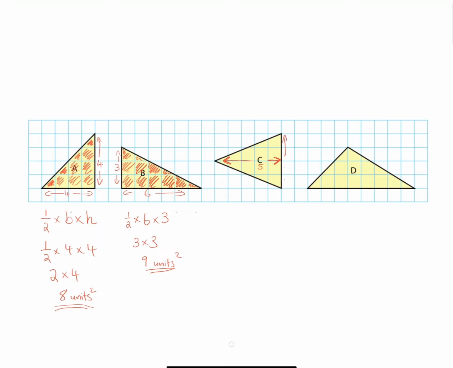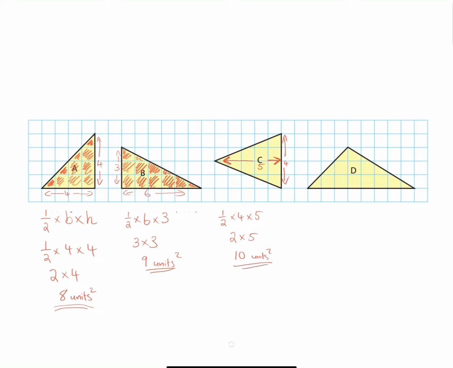So the base is 4. And the base is on the right hand side and the height is going across to the left. So half of the base, which is 4, multiplied by the height. So a half multiplied by 4 is 2. And then 2 multiplied by 5 is 10. And that's units squared. So that's our answer.